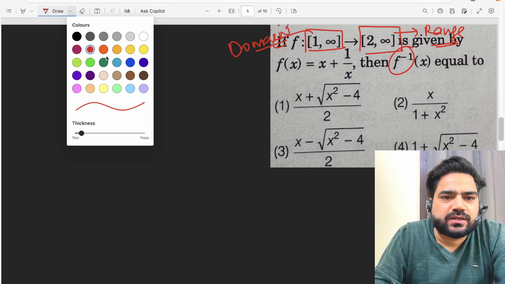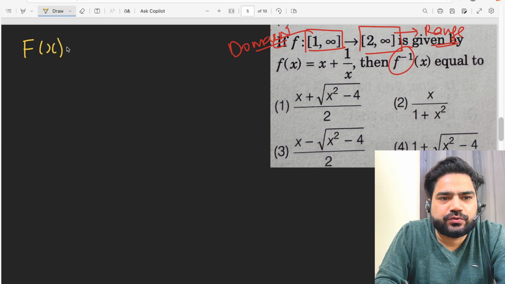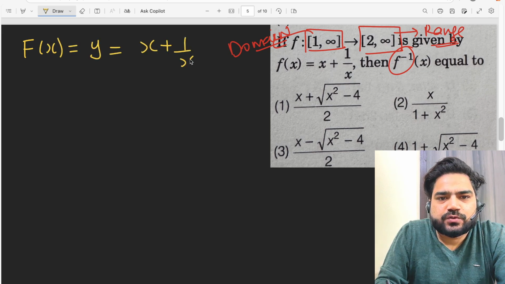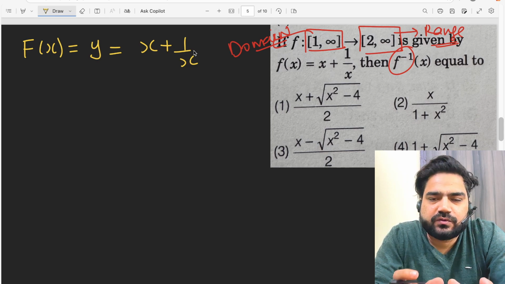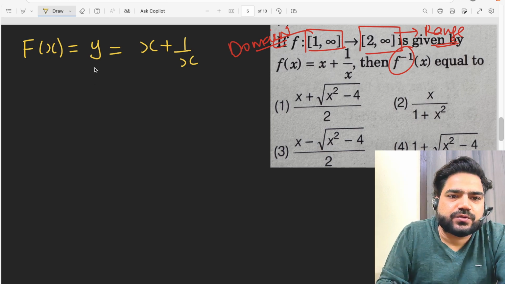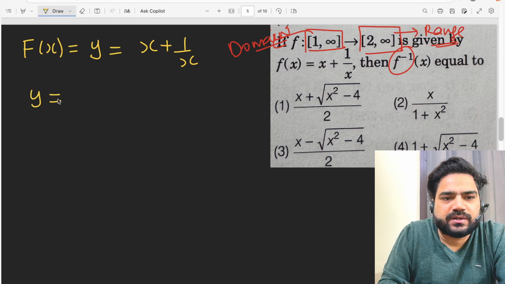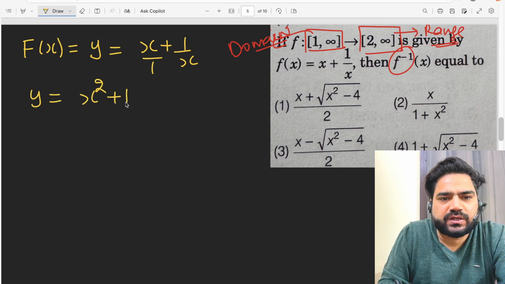Now let's start this question by using the two steps. If f(x), or you can say f(x) is equal to y, is given as x plus 1 by x, we will apply our first step. Our first step was that first of all we have to find the value of x. So from here, if you take the LCM, it will be x square plus 1 upon x.